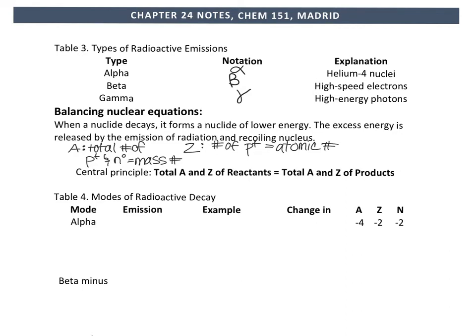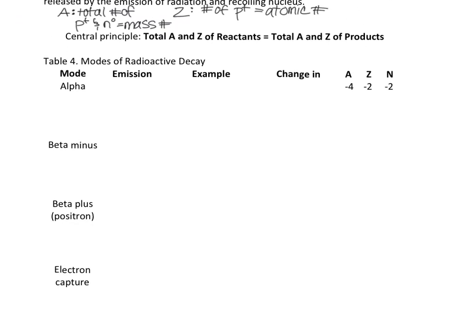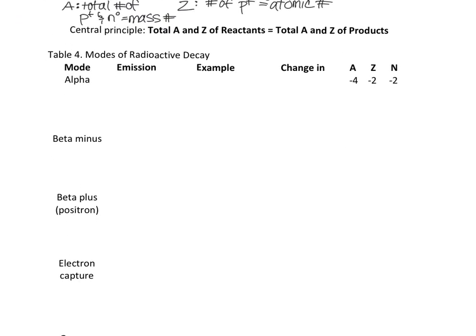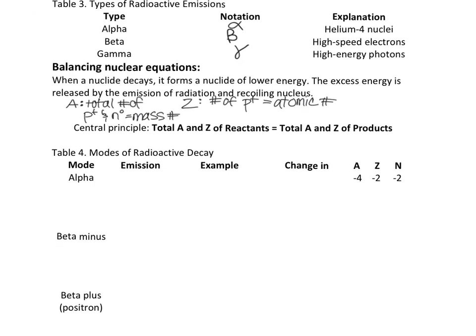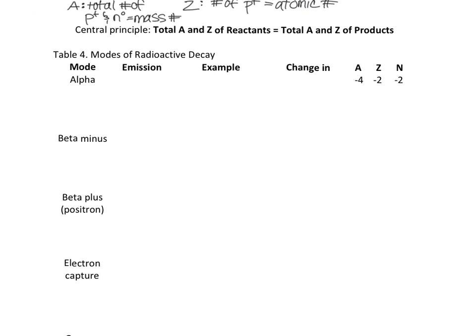Before we get into some balancing, let's look at more specifically the modes of radioactive decay. We talked about types of radioactive decay. These are general categories, but now we're going to get into more specifically what's happening to a nuclide when, let's say, an alpha particle or a beta particle is emitted. In alpha decay, what's emitted is an alpha particle.